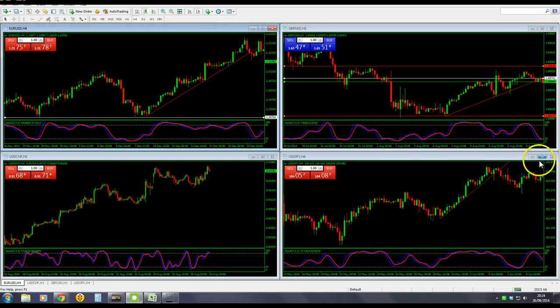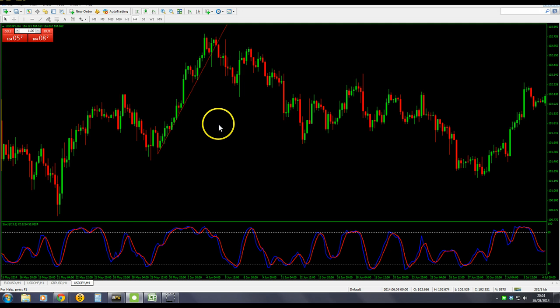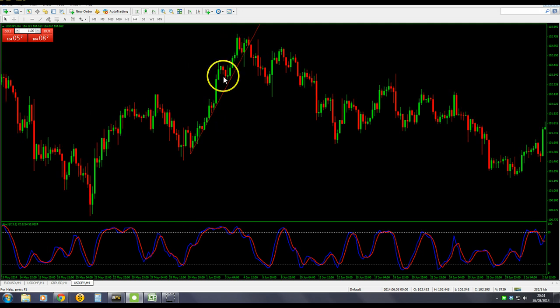I think we've got a little demonstration on the US Japanese yen there. On the assumption that we're going to be on a short trade, waiting for a long move up and a trend line break, we got it, and then that wasn't really a clear indication to sell.